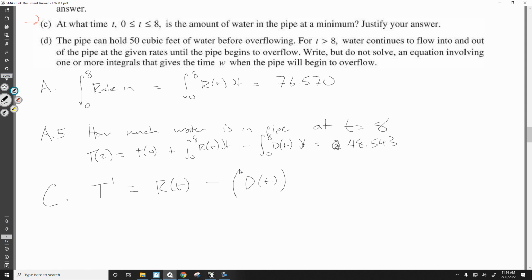That's my velocity of my total. This is the derivative, this is T prime. In y equals, type in R minus, and in a big set of parentheses, D. Velocity in, velocity out, two velocities at play. Subtract the out from the in. You have the overall rate of change of the amount of water in your pipe.